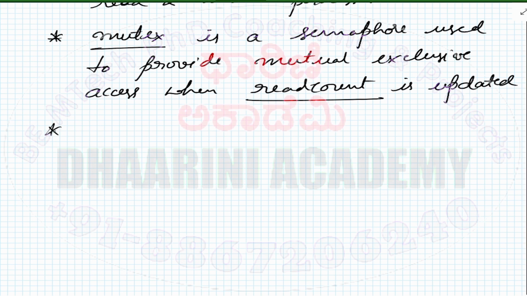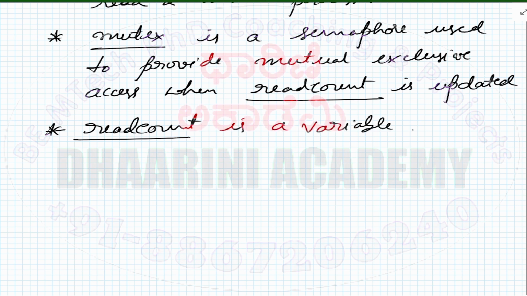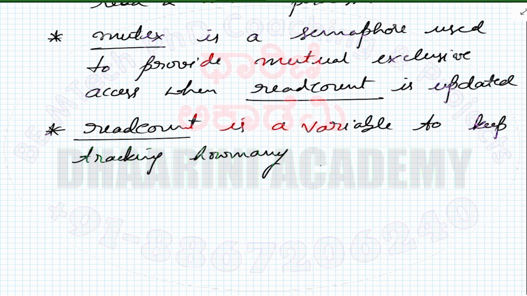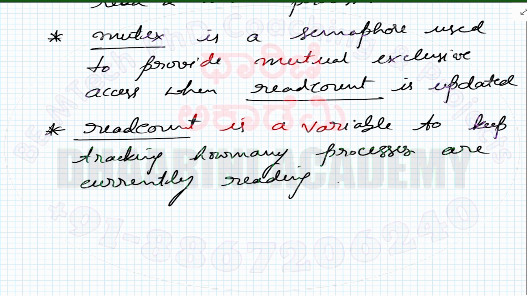So the read count is a variable to keep track of how many processes, out of all the processes, are currently reading the object, or it can be the database.